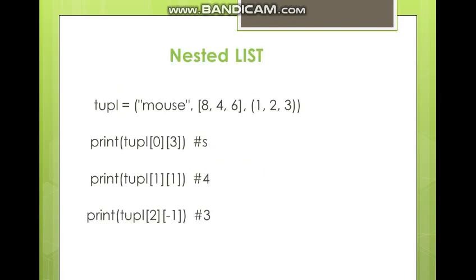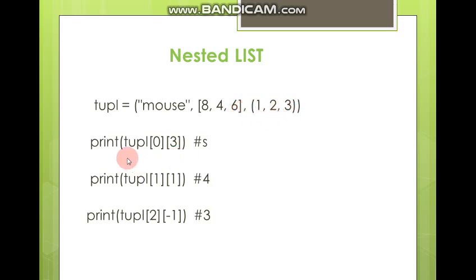Now let's review nested tuples. Sorry, this is printing with a mistake. This is a nested tuple actually. Supposing there's a variable tupl is equal to mouse, 8, 4, 6 and 1, 2, 3.